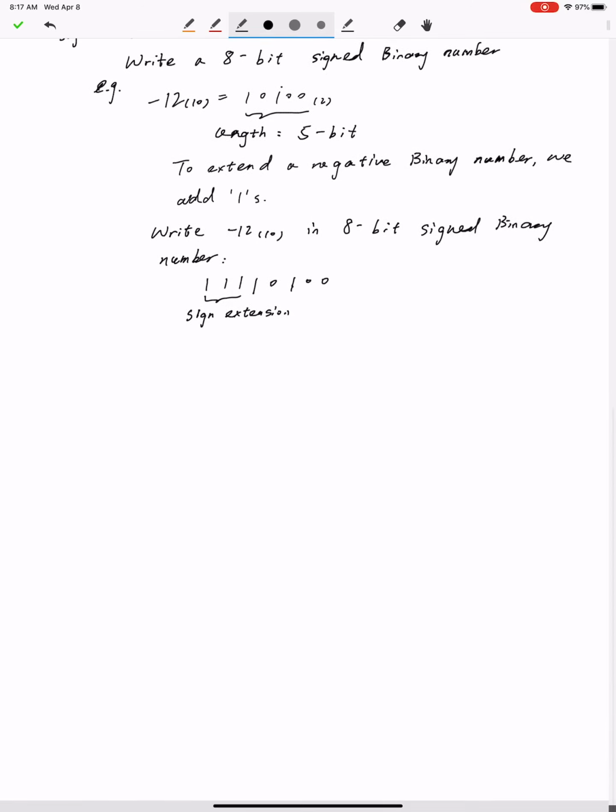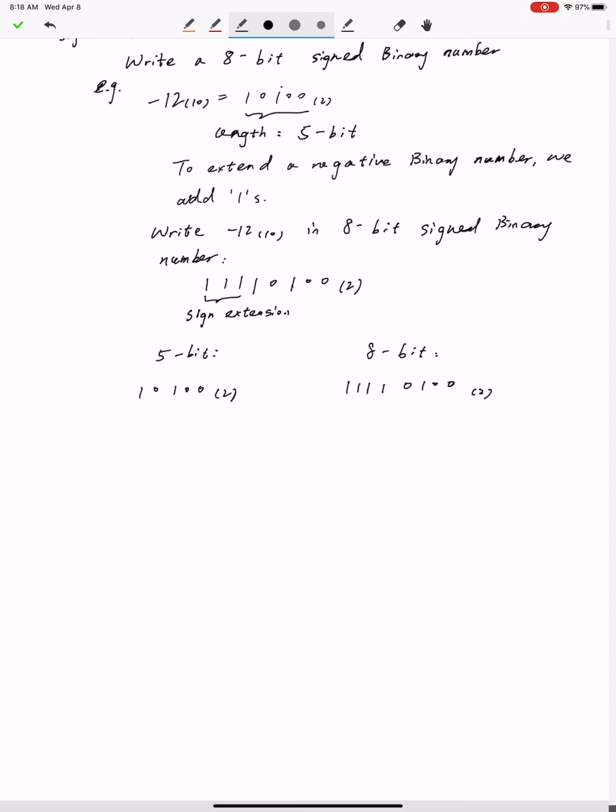Okay. So one critical question some people may ask is, will the sign extension change my binary value? Because if you just look at these two numbers, the 5-bit representation is 10100, and the 8-bit representation is 11110100.